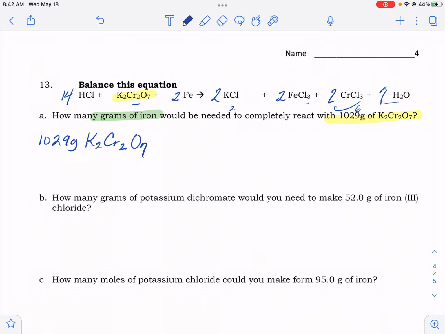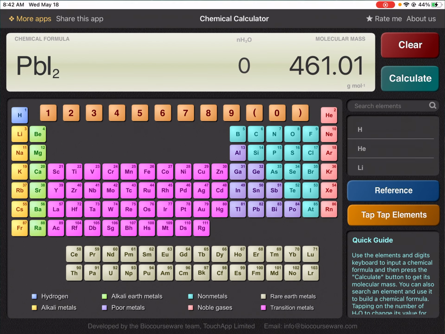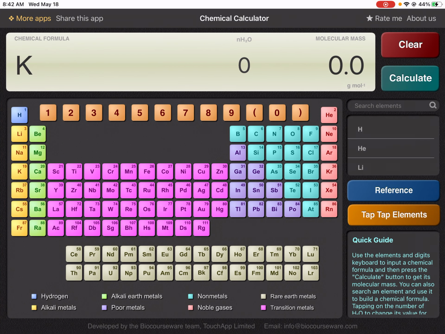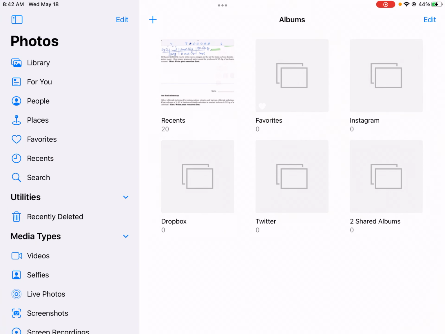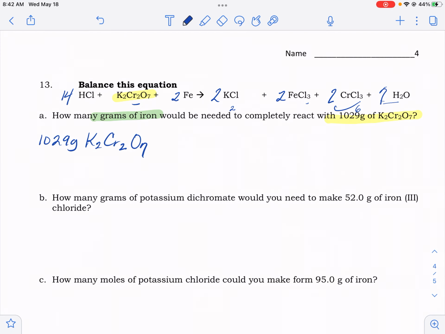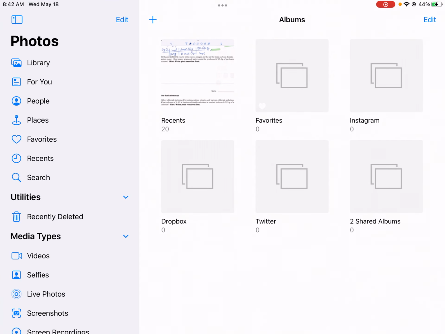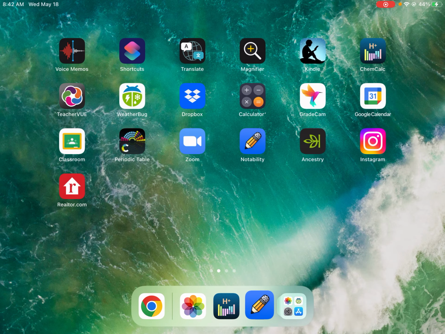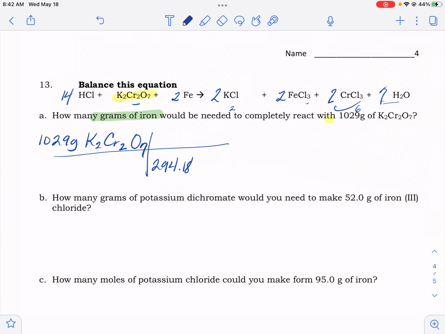Let me say the correct name, potassium dichromate, 294.18. Did I say that right? 294.18. Look at that. I was able to remember that.